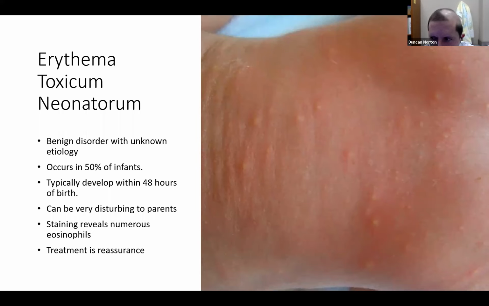Now, one of the pathological rashes that you need to know about is incontinentia pigmenti. It was formerly known by a German name that I can't pronounce, but this is a syndrome that can have a lot of different systemic involvement.